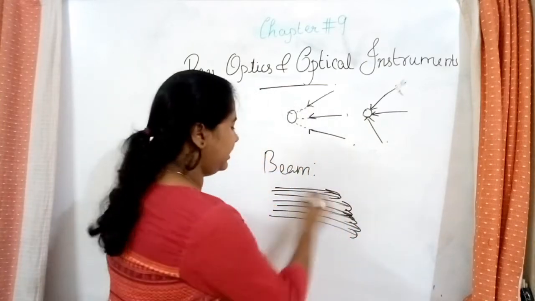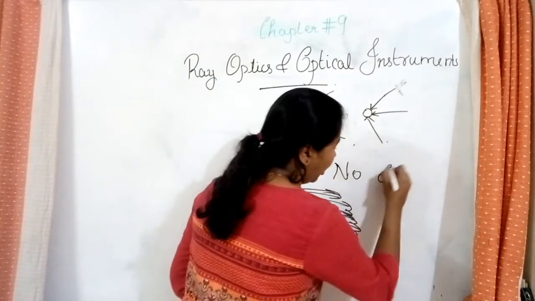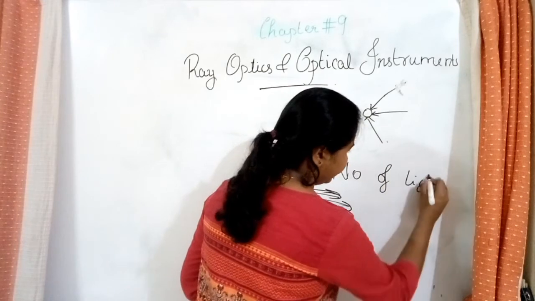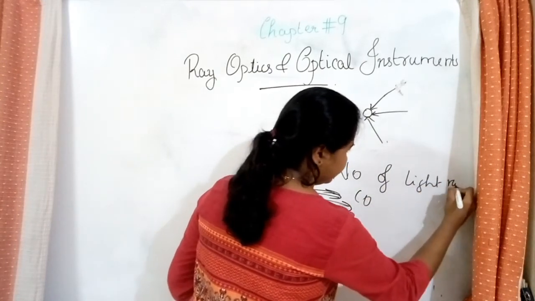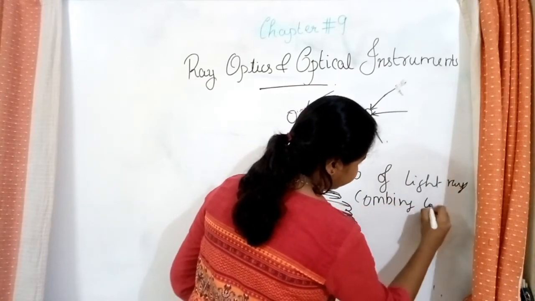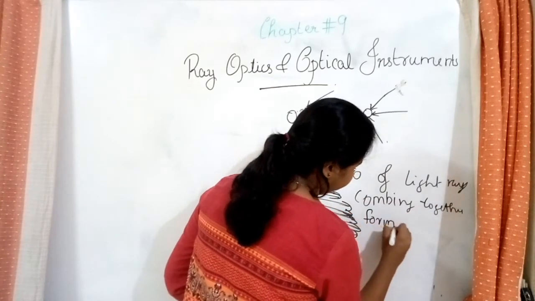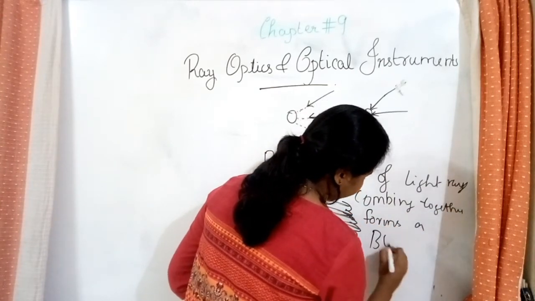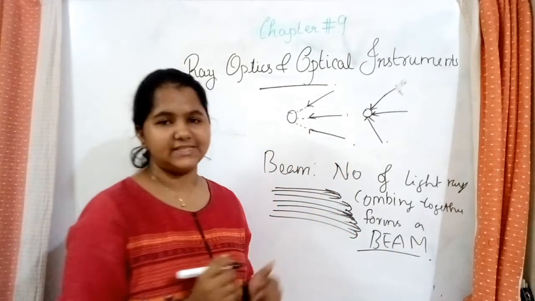So this is actually a beam. A number of light rays combining together forms a beam. So that is what a beam is.